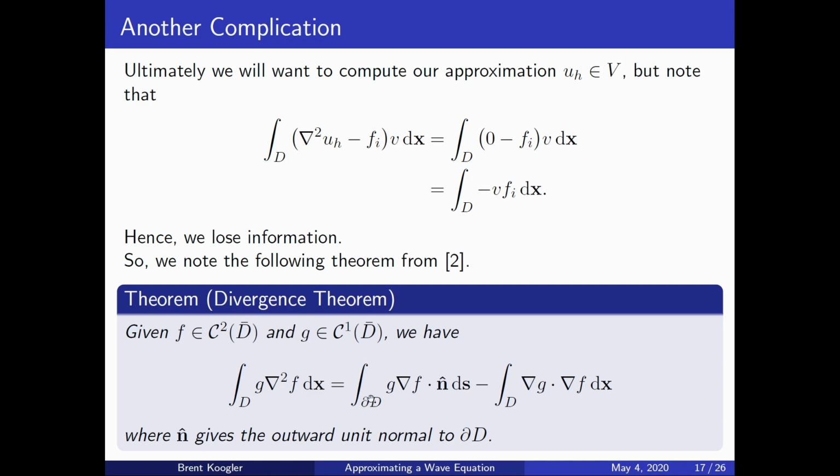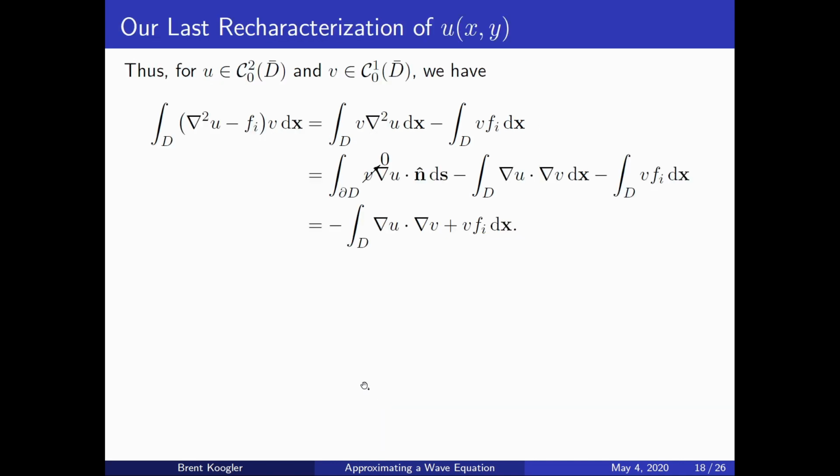Also, this integral along the boundary is important to note because if we have our true solution U and our arbitrary test function v, given our recharacterization, we can multiply the v out and apply the linearity of the integral to get these two expressions. On this left-hand side, we can directly apply the divergence theorem to get this expression, where we can subsequently note that this integral will vanish because v, due to the construction of our continuous function space, is going to be 0 along the boundary of our circle.